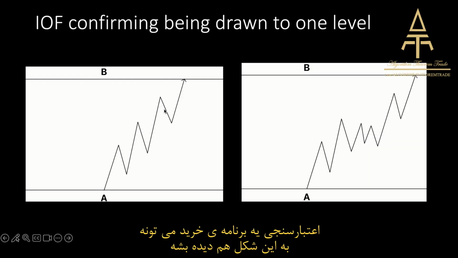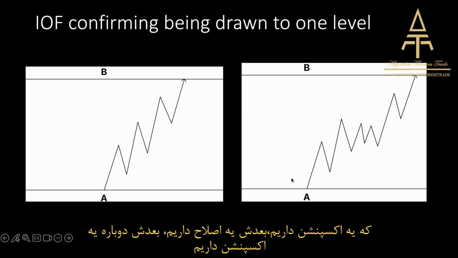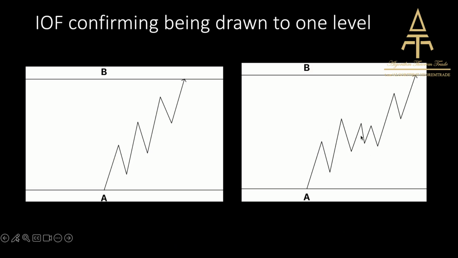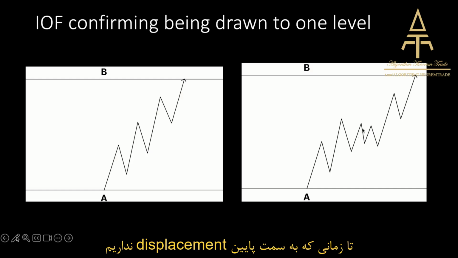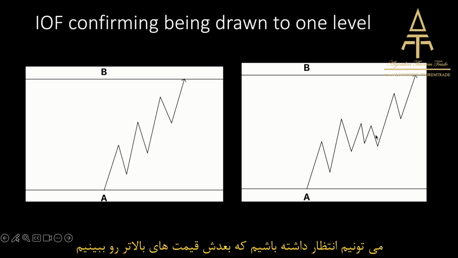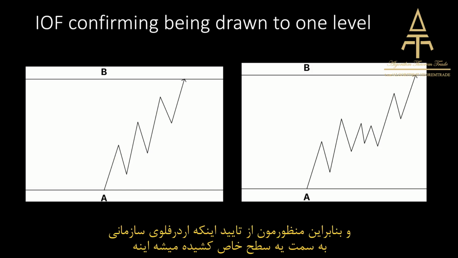Validation of a buy program can, however, also look like the following, where there is an expansion followed by a retracement followed by an expansion and the market just goes sideways. As long as it does not displace to the downside, we can anticipate higher prices to be next. And therefore, that is what we mean with IOF confirming being drawn to a specific level.